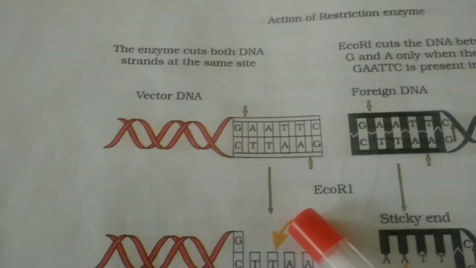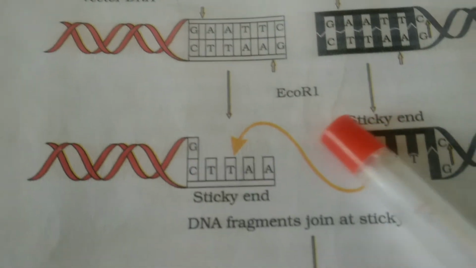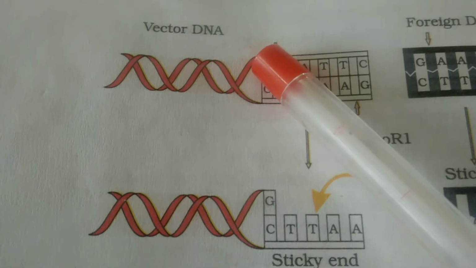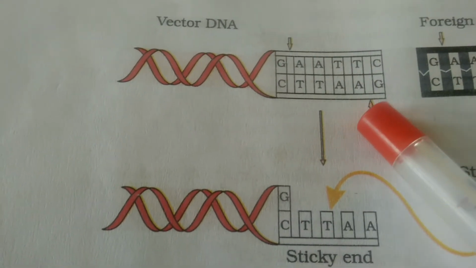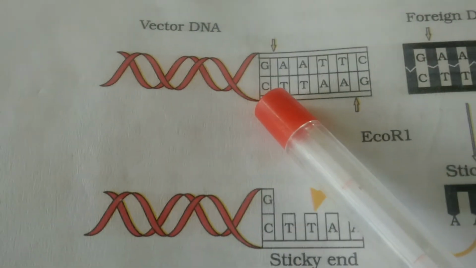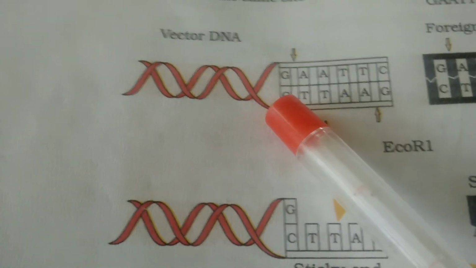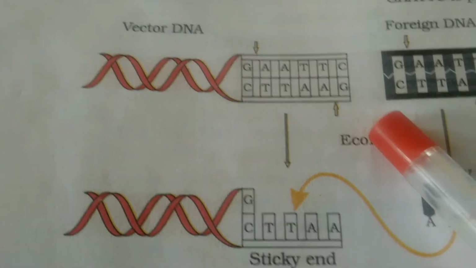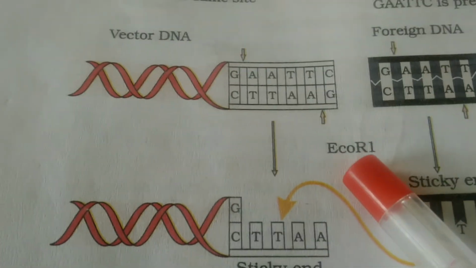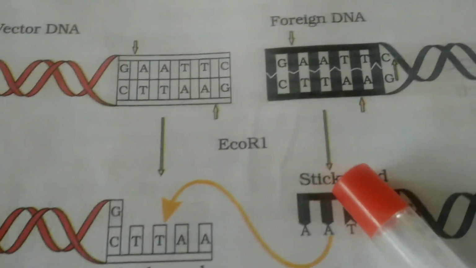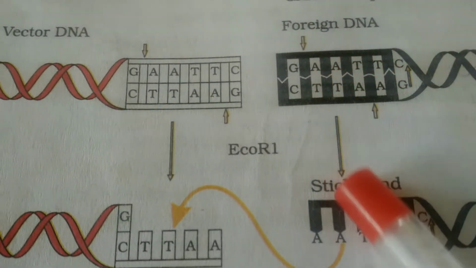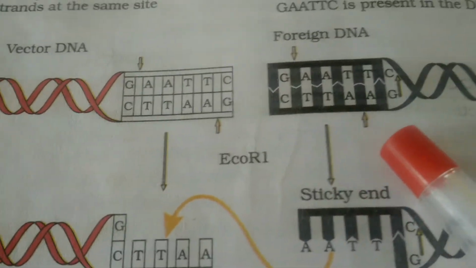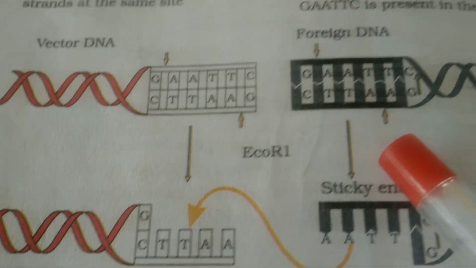Here EcoR1 is the endonuclease. EcoR1 cuts the DNA of both the strands between G and A, particularly the sugar and phosphate backbone is cut by EcoR1 in both the strands. The foreign DNA and vector DNA are cut open by EcoR1.